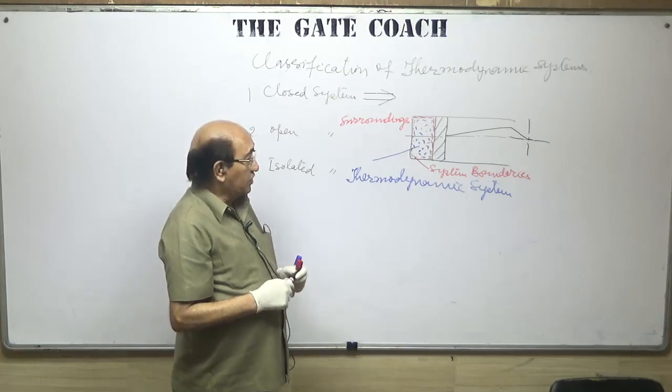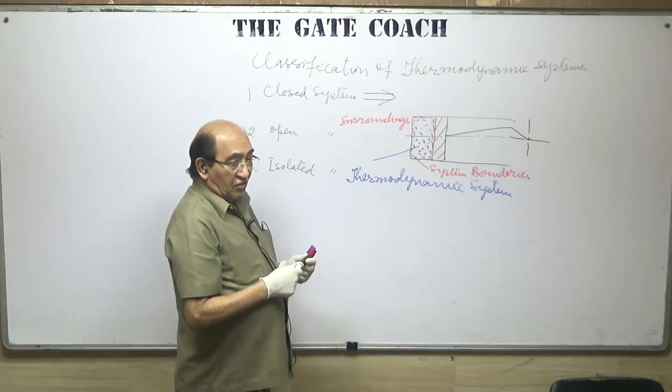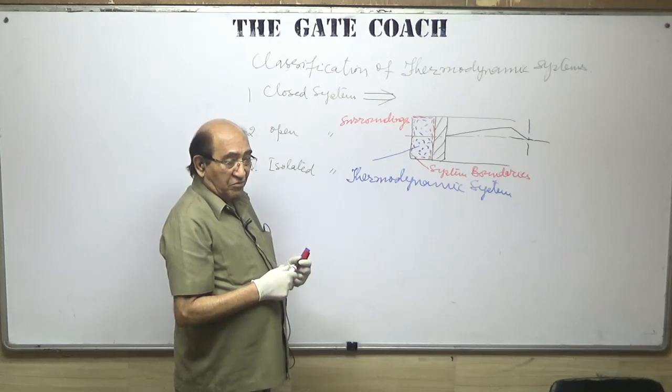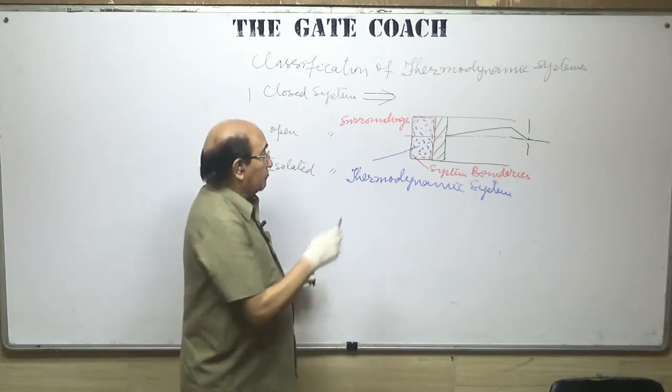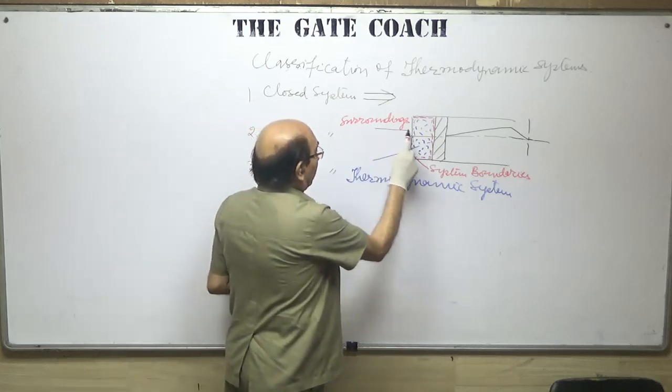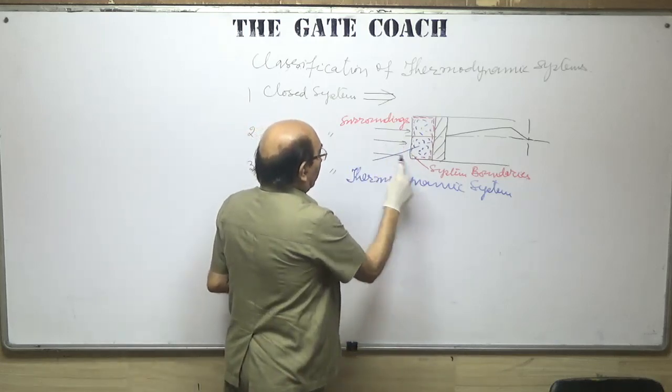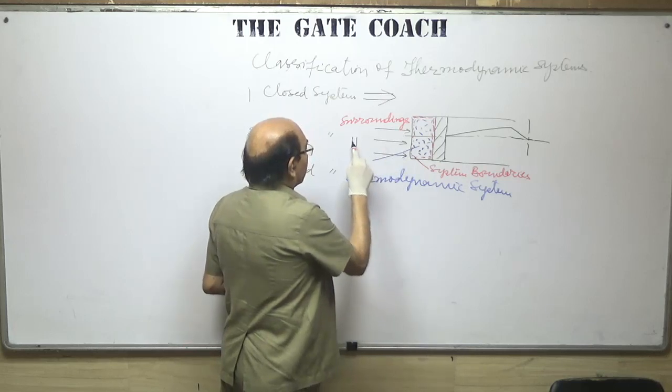Now I am interested to study. What I have to study in thermodynamics? Relating to heat and work. From the surroundings, by some means, let us supply heat to it.